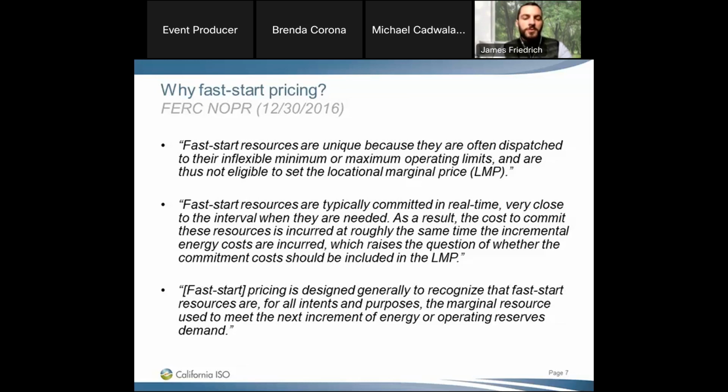If you're starting a resource and it's being dispatched to meet demand in the next interval, the fast start pricing argument is that that is the resource you're relying on to meet the next increment of demand, even though technically, from a calculus perspective, it's not able to set the marginal price because of its limited dispatch range. I believe within the issue paper, we've linked to the original FERC NOPR document if anybody is interested in learning more about FERC's motivation to have the ISOs and RTOs within its jurisdiction investigate fast start pricing.